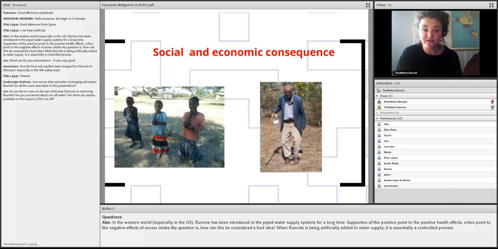This is a physical consequence, but fluorosis also has social and economic consequences. In particular, it has been shown by different research, and we could also see during our field work, that it can really be an aesthetic problem for people living in this area, because they are ashamed to present themselves.